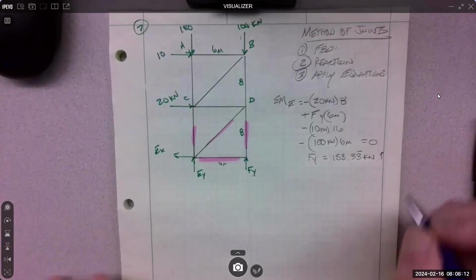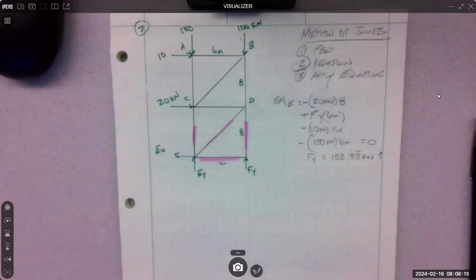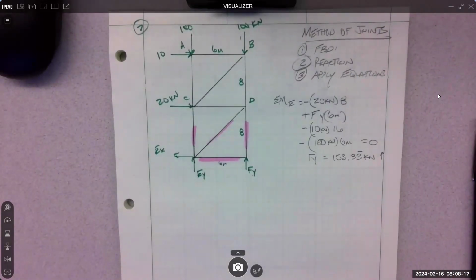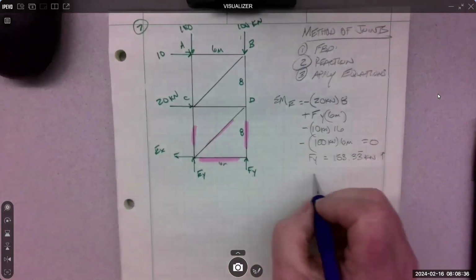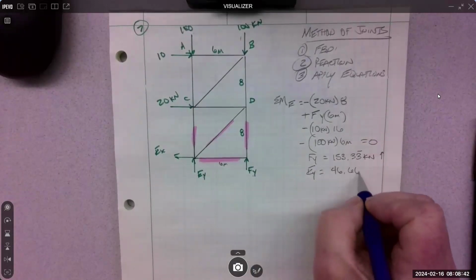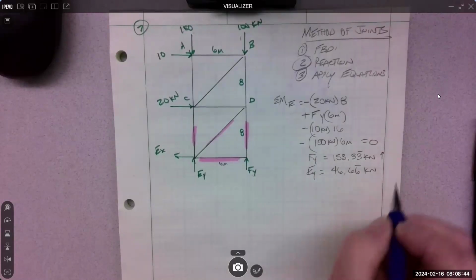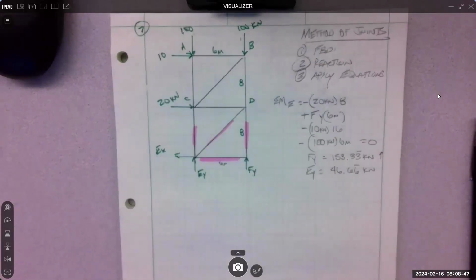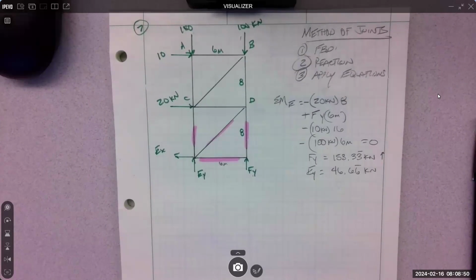So it does point up. Excellent. So then how much is EY? Just getting that from the sum of the forces in the Y, right? Like we got 200 coming down. We got 153 going up, so we need another. What's the number? EY is 46.66 repeats, kilonewtons. Sorry, can you explain that again? How do we get forces in the Y?